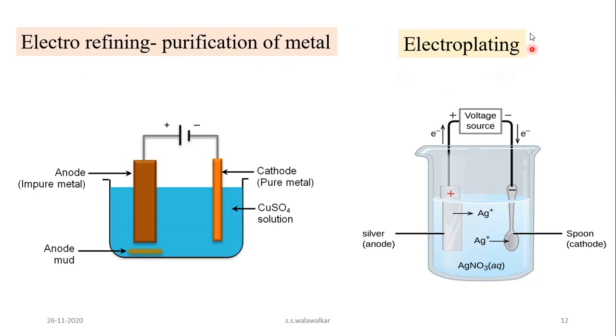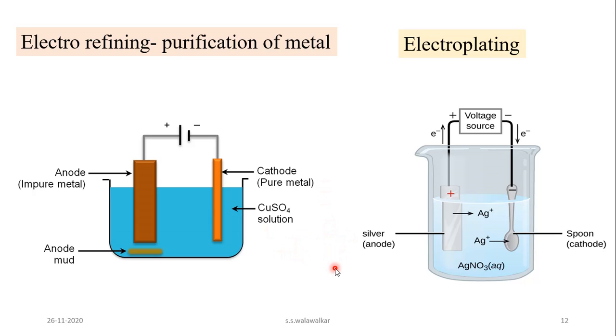That technique is called electroplating. For electroplating, there is silver plating, gold plating, chromium plating, copper plating. So in electroplating, the electrolysis process is used, as well as in electro refining.